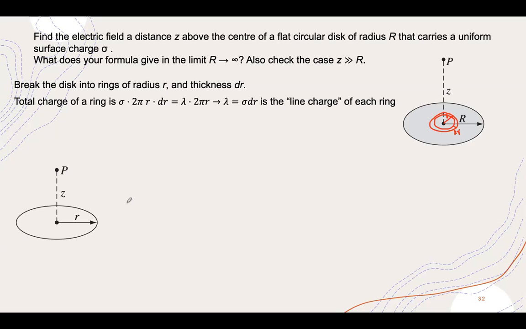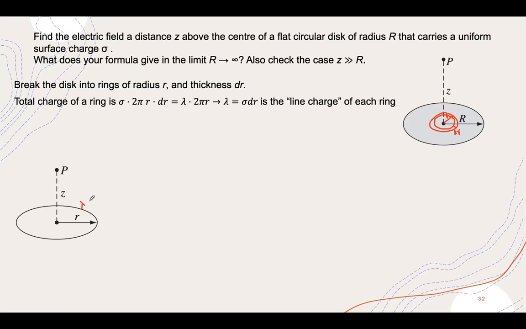Another thing is that here we saw that the ring field depends on lambda, because lambda is the line charge. So we have to convert this in terms of the surface charge. Lambda is charge per unit length, whereas surface charge is charge per unit area.